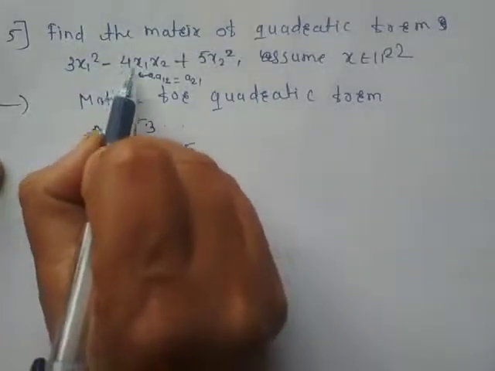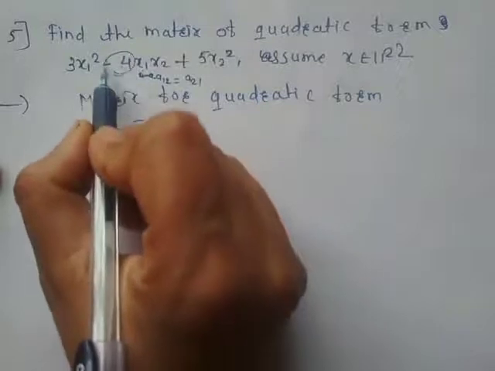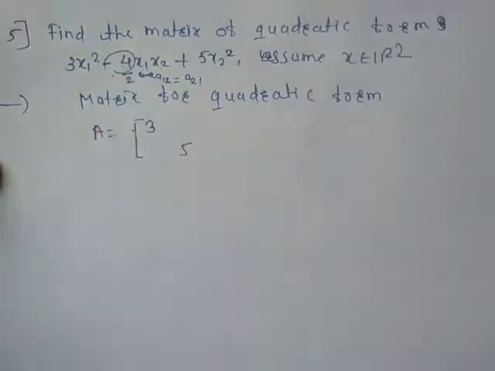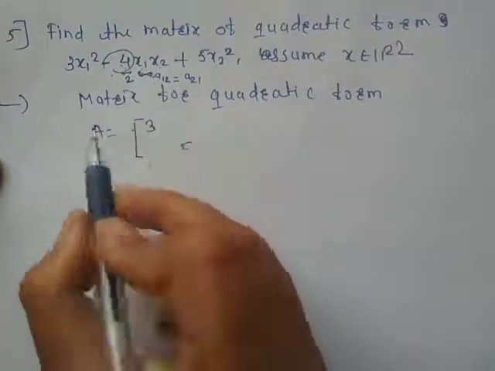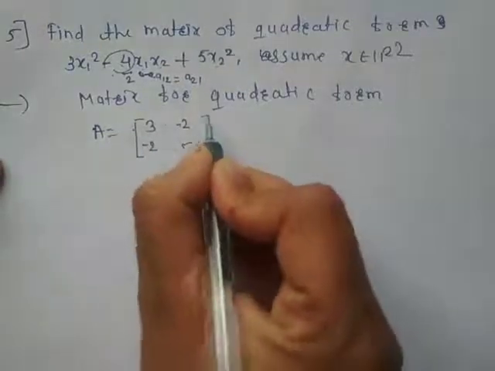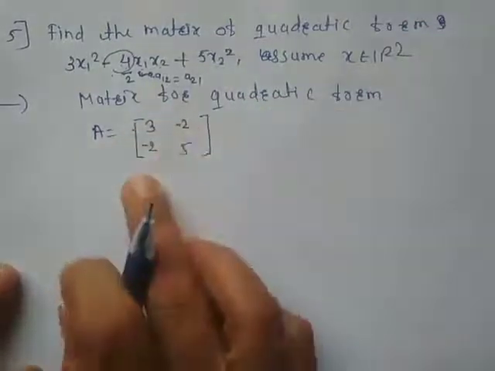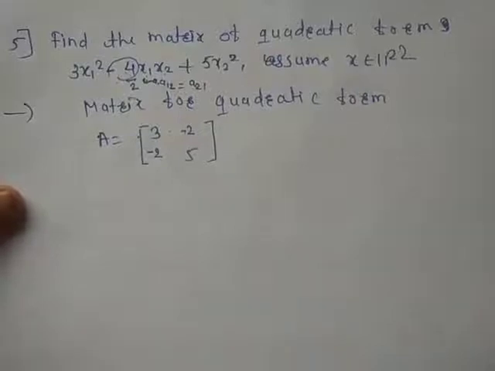But here the coefficient of x1 x2 is minus 4. We have to divide this minus 4 by 2. So the A12 entry is -2 and the A21 entry is -2. So this is the matrix of the given quadratic form.